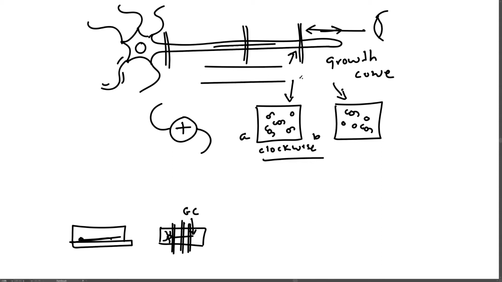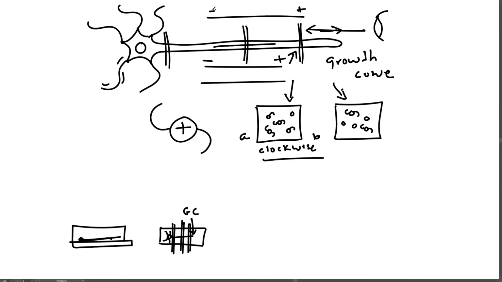So there are all of these microtubules in the axon, but all of them are oriented with the plus end here and the minus end here. Every single microtubule is oriented in that direction.